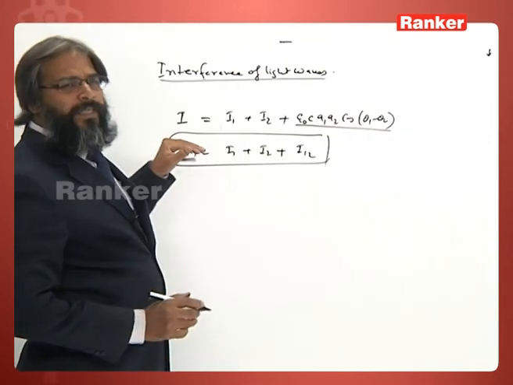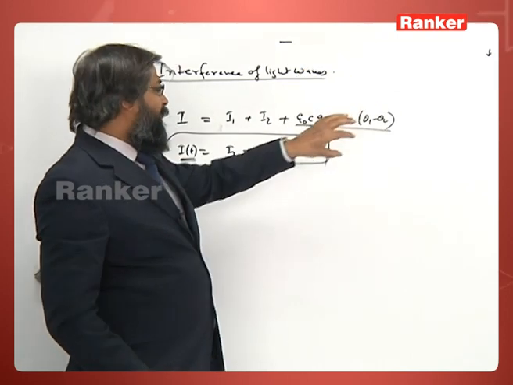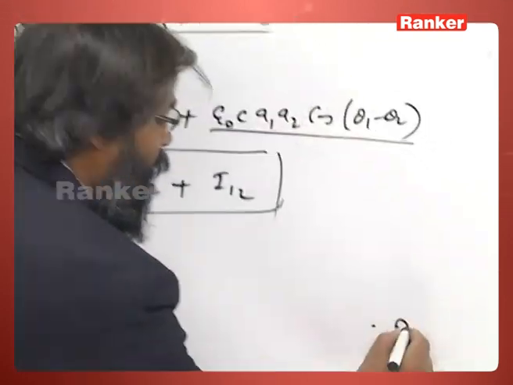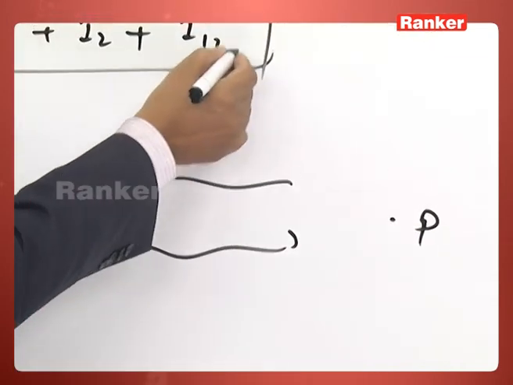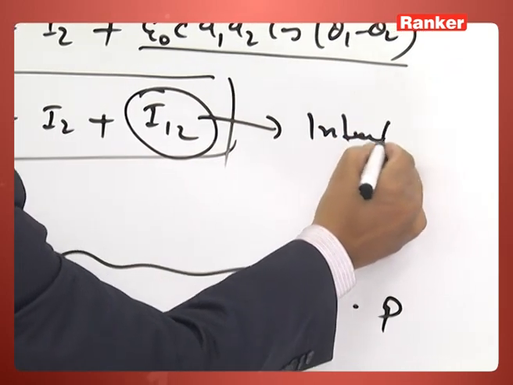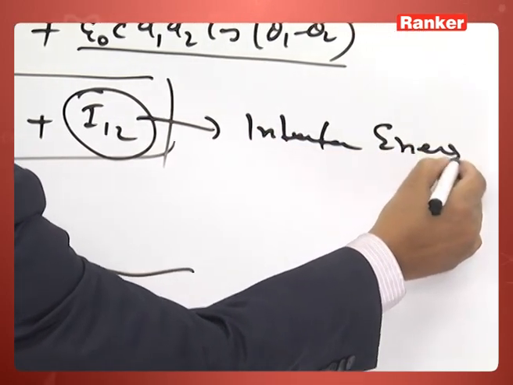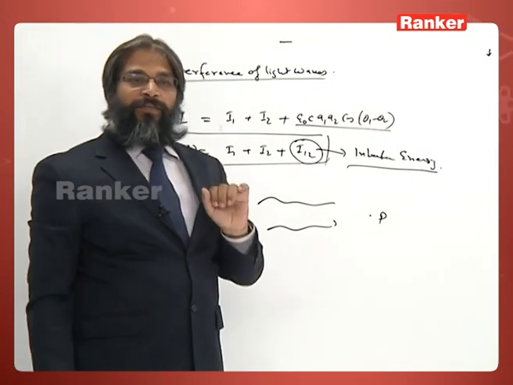So the time dependent irradiance at the point P due to two sources is I1 plus I2 plus I12, which we called the interference energy. This is what interference of light waves is.